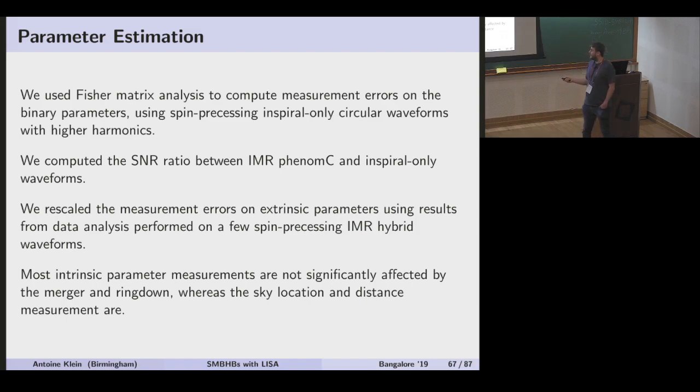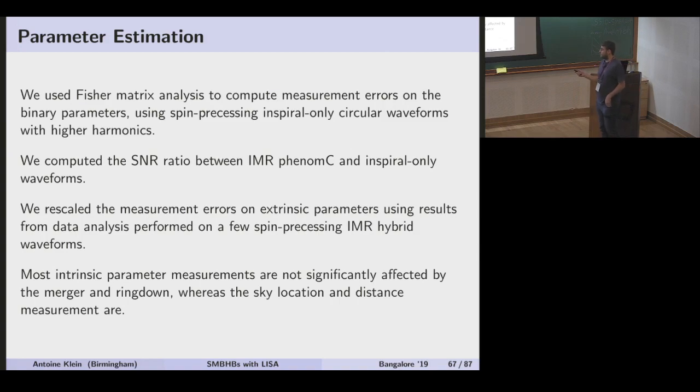However, we compared that to a few data analysis results that used hybrid IMR waveforms in order to tell whether the merger itself helped you increase your precision on the parameter measurements.